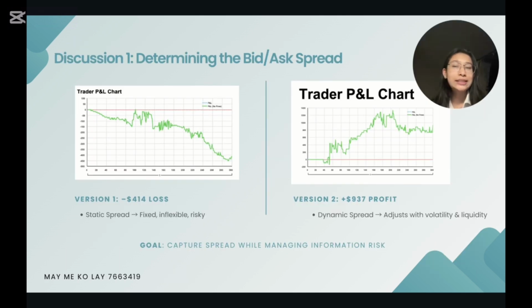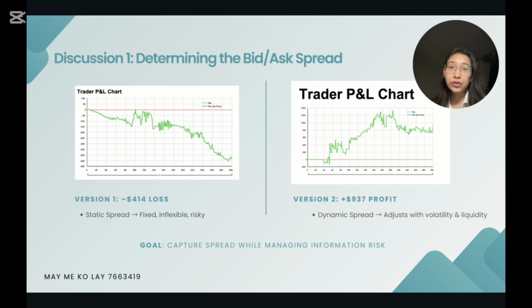And we'll be proceeding to discussion one. In market making, the bid-ask spread determines how a trader earns profit by buying slightly below and selling slightly above market value. In our simulation, we found that a steady spread as used in version 1 was ineffective because it stayed fixed around the last rate and slowly reacted to volatility changes, leading to a loss of $414.